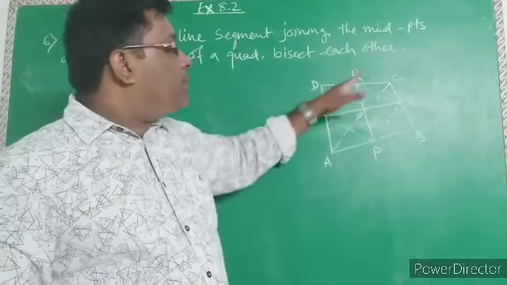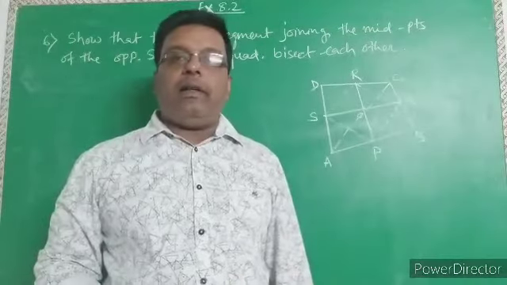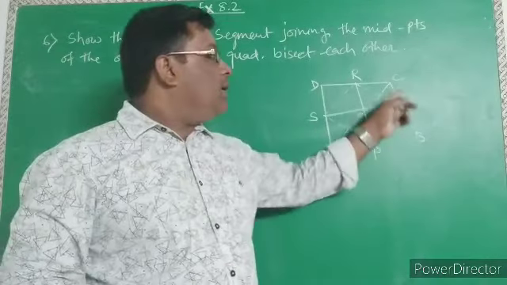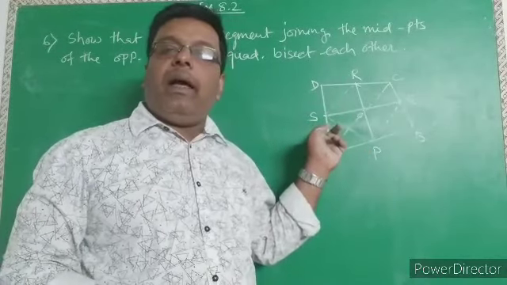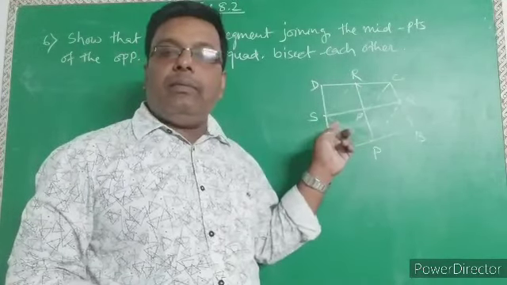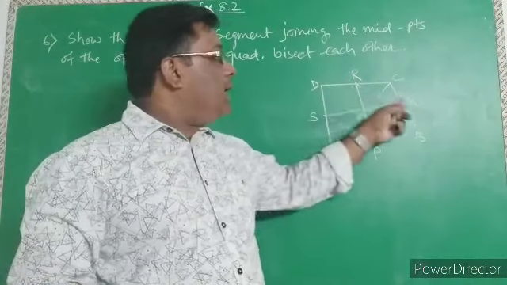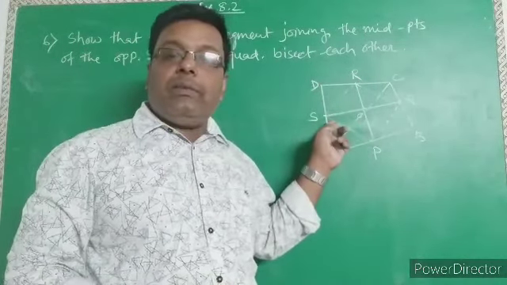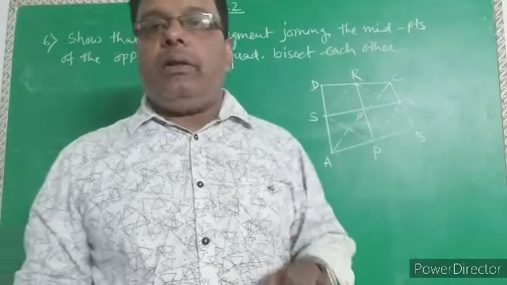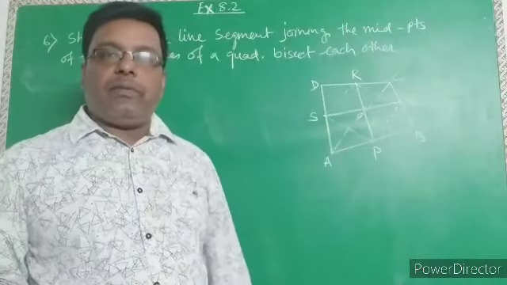That is, PQ and RS are parallel and equal. That means if a pair of opposite sides are equal and parallel, then PQRS is a parallelogram, and we know that the diagonals of a parallelogram bisect each other. So PR and QS are the two diagonals of this parallelogram, and by the theorem they bisect each other at a point. Suppose we take O. So this is the proof.